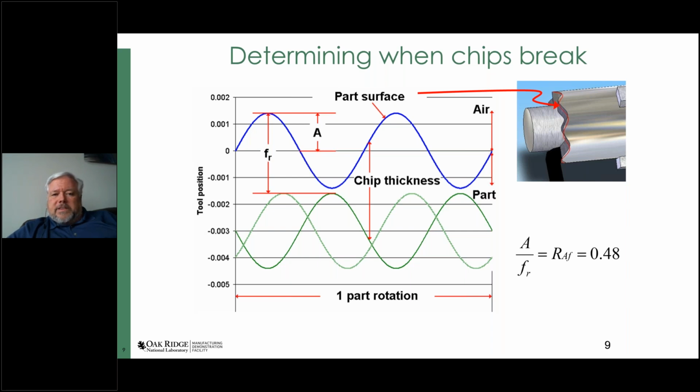Another thing is what's the nominal feed per revolution, and that's the F with a subscript R. The ratio between those, we call that the ratio of the amplitude and feed, RAF. And in this case, in the picture that I have here, it's 0.48. So the motion that I superimpose is not quite half of the feed per revolution.